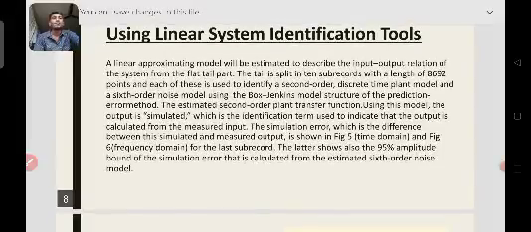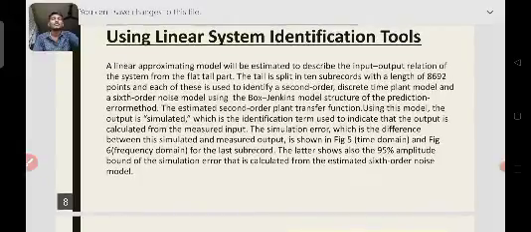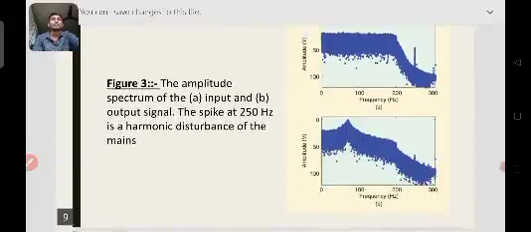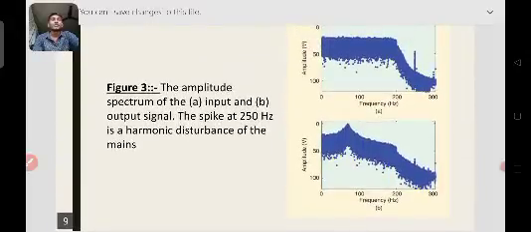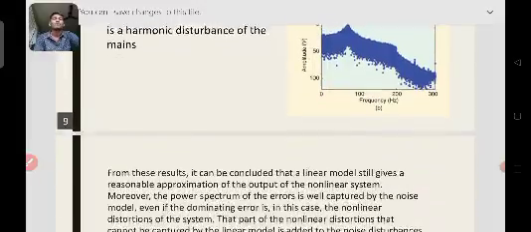For the last subrecord, the latter shows the 95% amplitude bound of the simulation error that is calculated from the estimated sixth order noise model. So here you can see the diagram for the amplitude spectrum of the input and output signal, where the spike at 250 Hz is a harmonic disturbance of the mains.